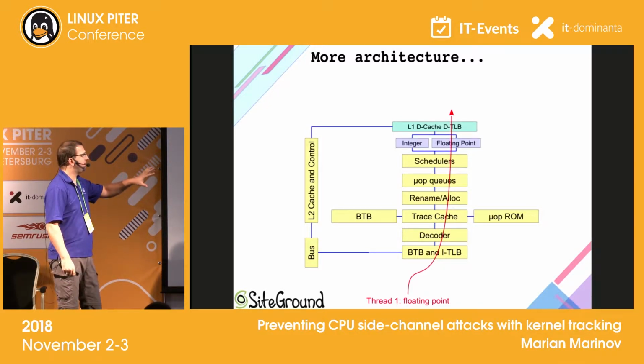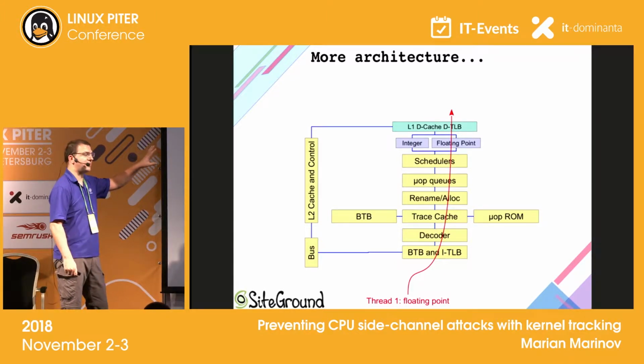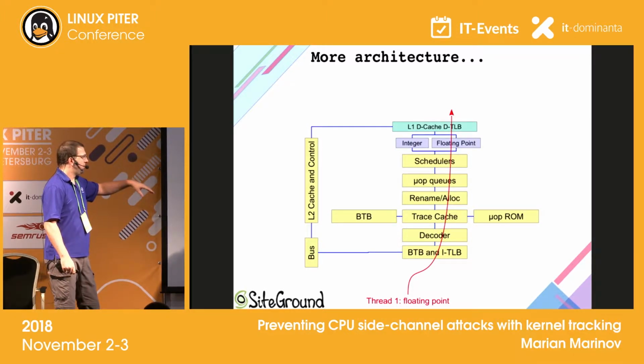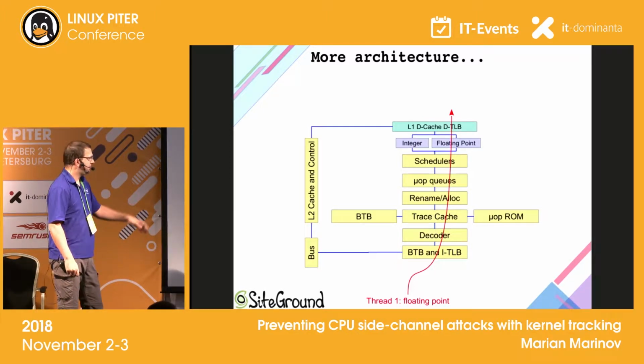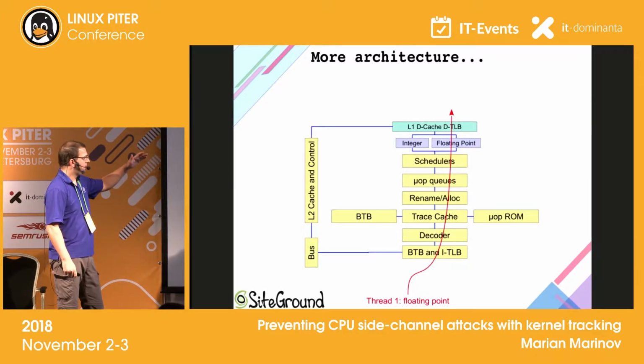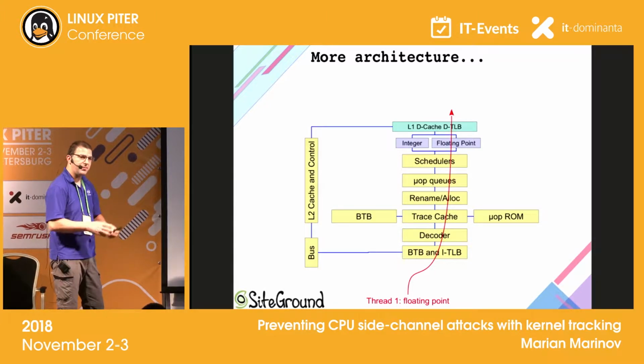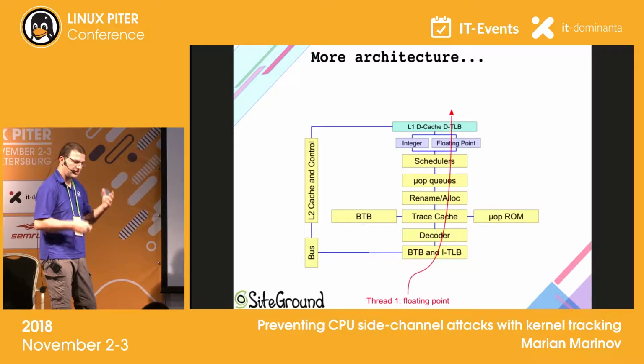So this is a simplified diagram of how a thread is executed in your CPU. You have the translation lookaside buffer, which is your mapping between virtual and physical memory.